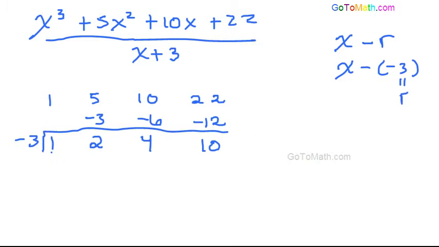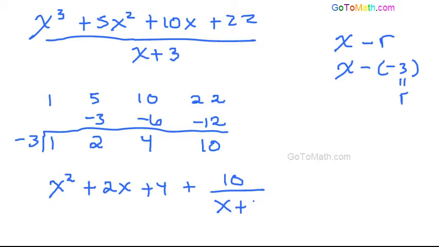So we're going to end up with 1 times x squared, or that'll be x squared, plus 2x plus 4, and then plus 10 over x plus 3. How do you like that? Okay.